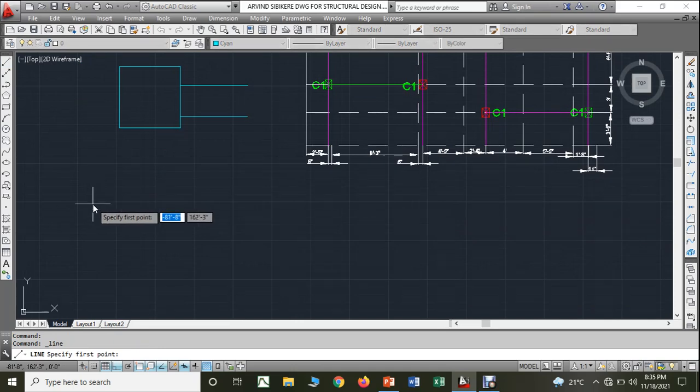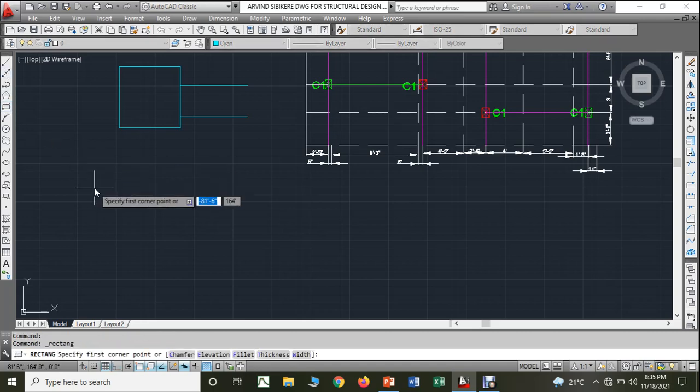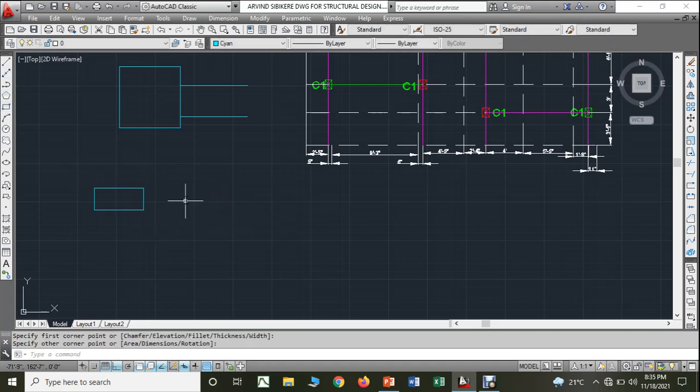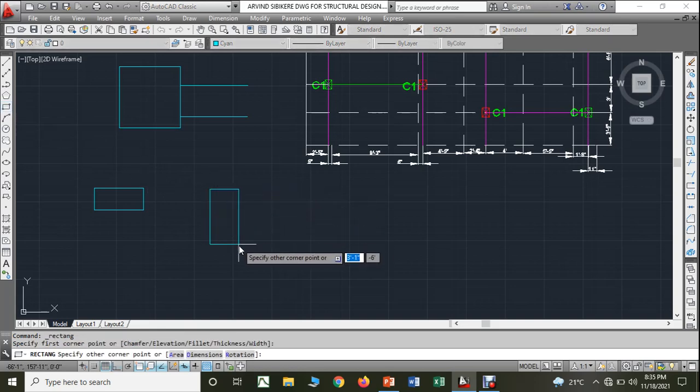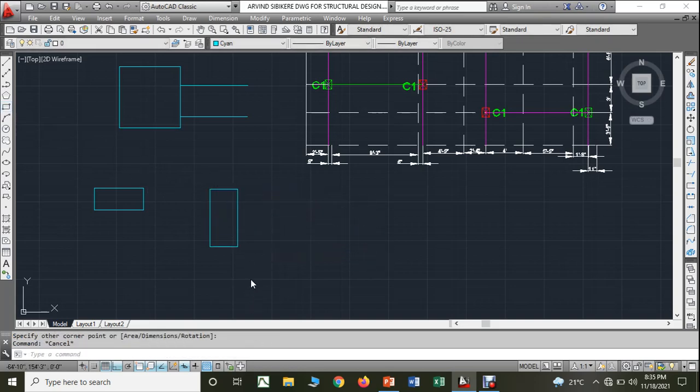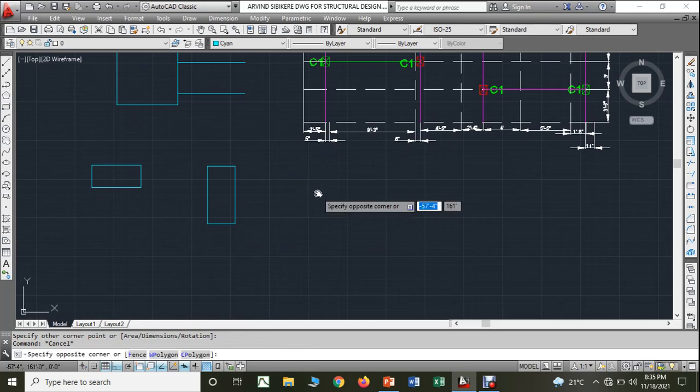For example, I am drawing one column like this, which is a rectangular column, and I am drawing one more column like this, that is also again a rectangular column, and I am drawing one more column that is a square column.